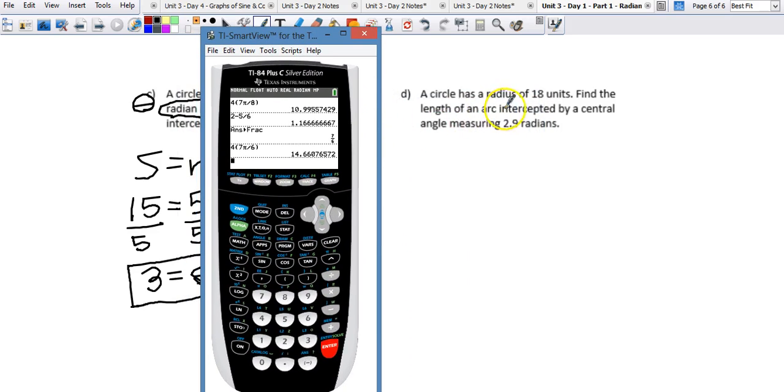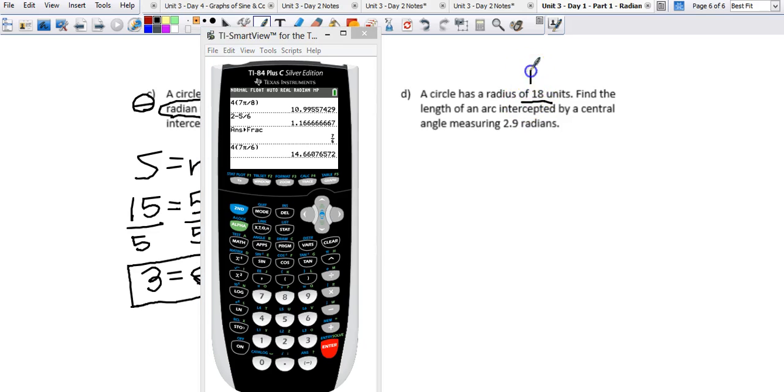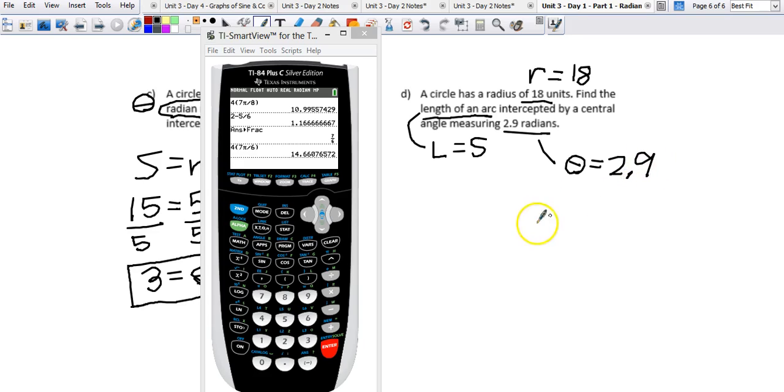All right, letter D. A circle has a radius of 18. Again, we're given the radius. Find the length of an arc. So we want to find the length. Length is your S, intercepted by a central angle measuring 2.9 radians. Again, there's no pi here, so your theta is simply 2.9. So we have R, we have theta. Let's plug it in.